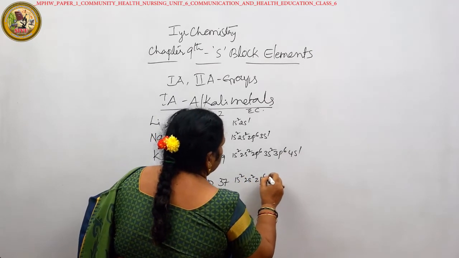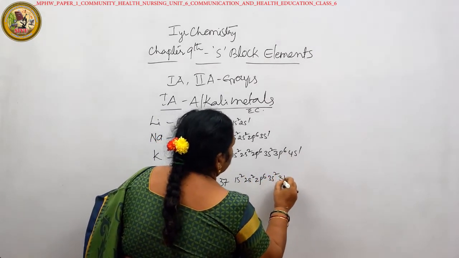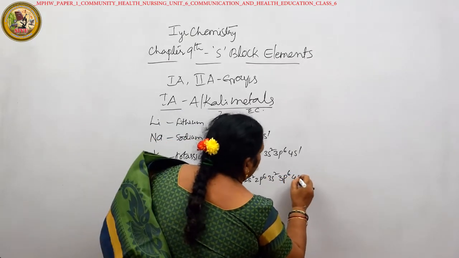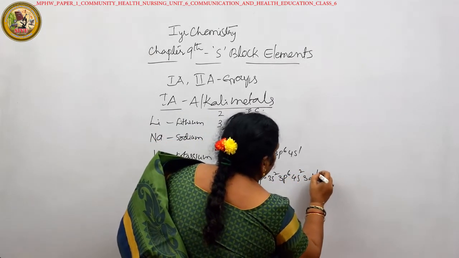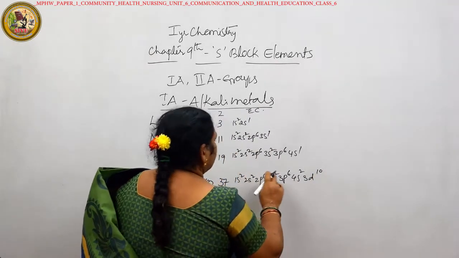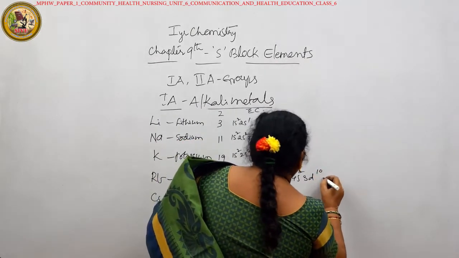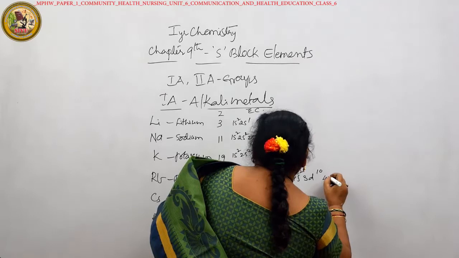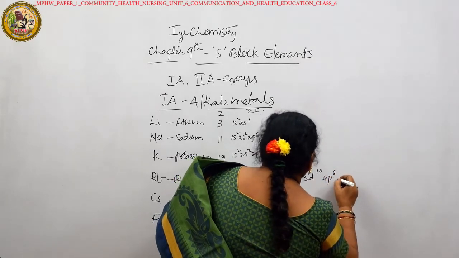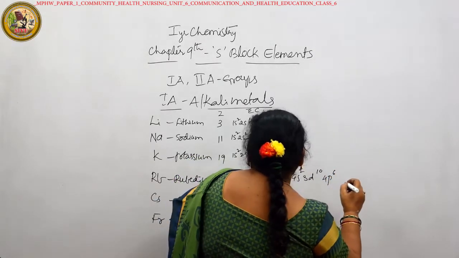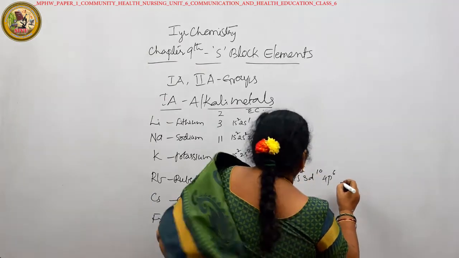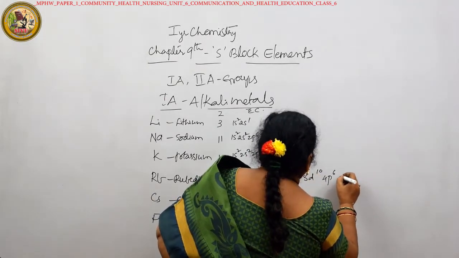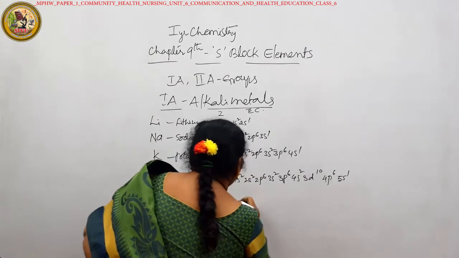For rubidium, 2s2, 2p6, 3s2, 3p6, 4s2, 3d10, 4p6 and 5s1.